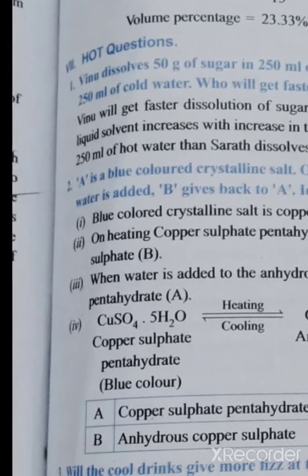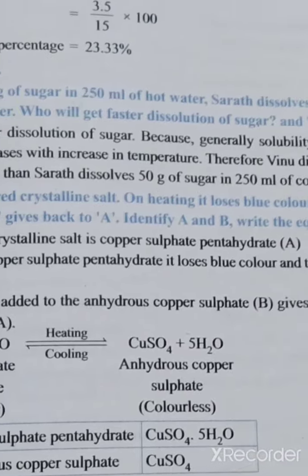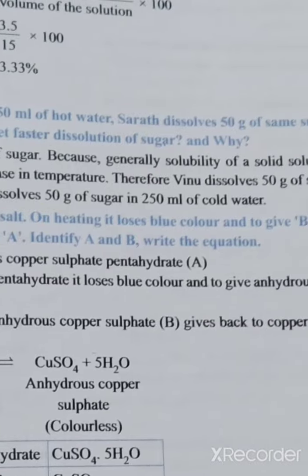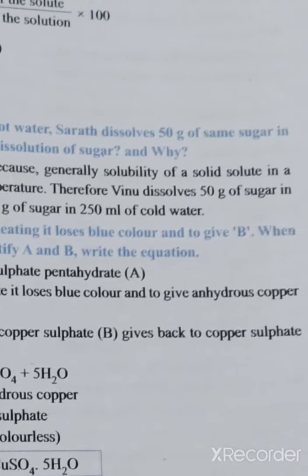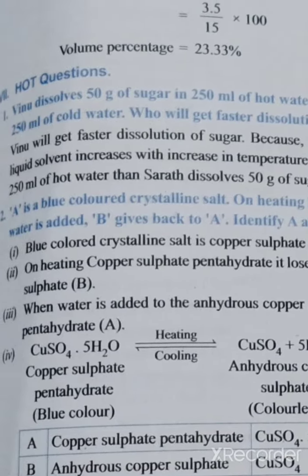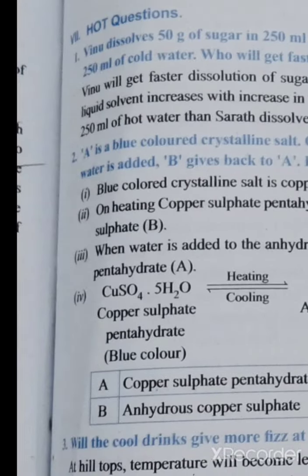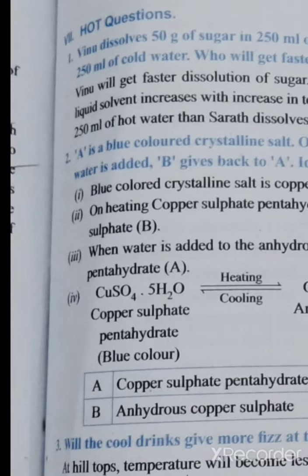Then another question. A is a blue colored crystalline solid. On heating, it loses its blue color to give B. When water is added, B gives back A. Identify A and B. Write the equation. So you have to understand the blue colored crystalline salt is copper sulfate.